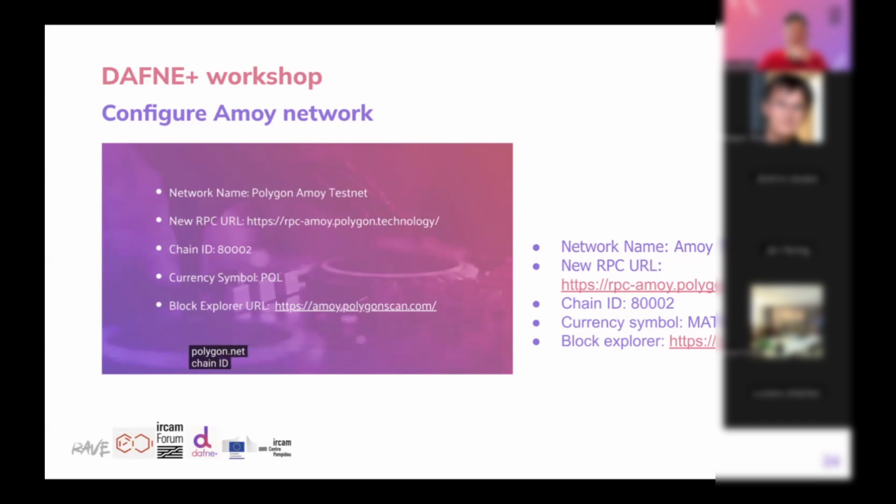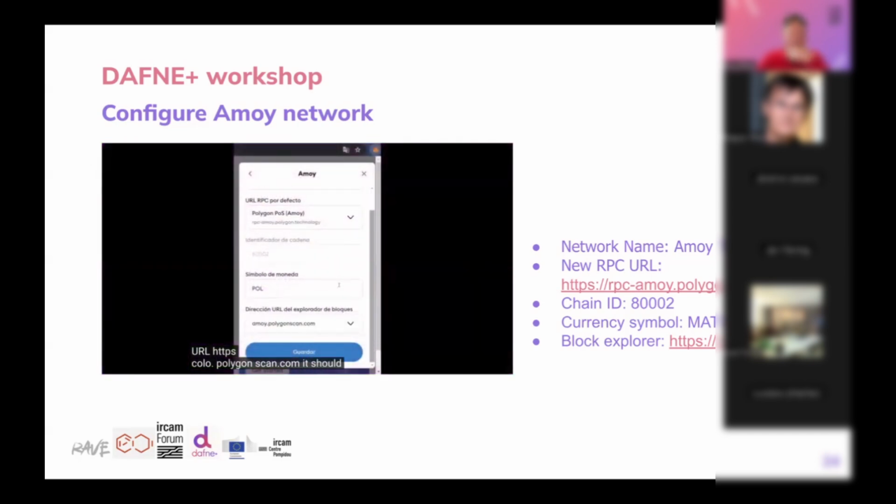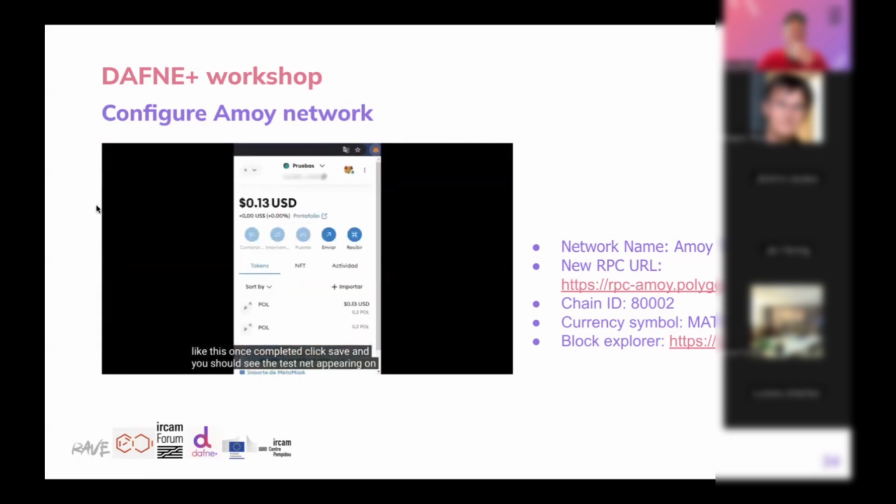Chain ID, 80002. Currency symbol, POL. Block Explorer URL, https://amoy.polygonscan.com. It should look like this. Once completed, click Save and you should see the testnet appearing on MetaMask.